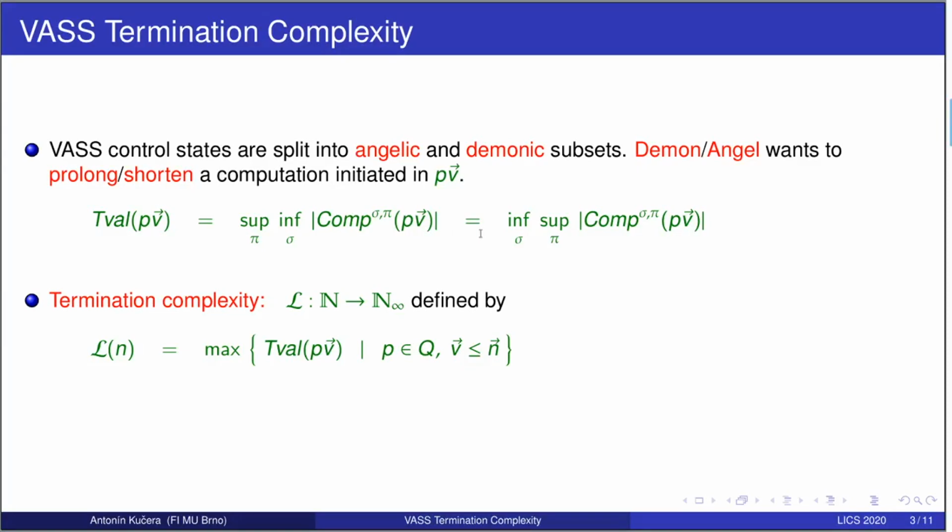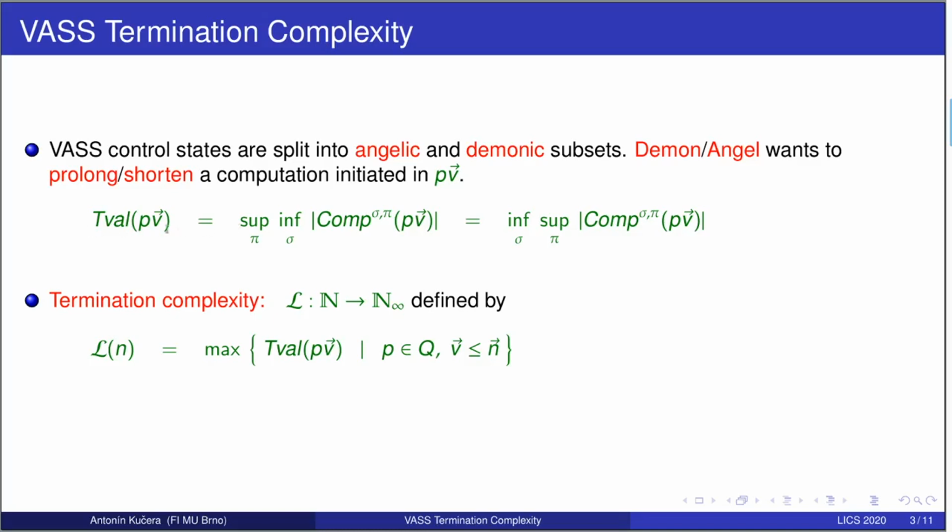So we have a game of two players whose names are actually standard in the area of program analysis, and these games are determined, meaning that the usual sup-inf equals inf-sup equality holds. Here the pi and sigma range over all strategies of demon and angel, I mean over all history-dependent strategies of the two players, although it can be proven easily that both players actually have simple positional strategies which are optimal.